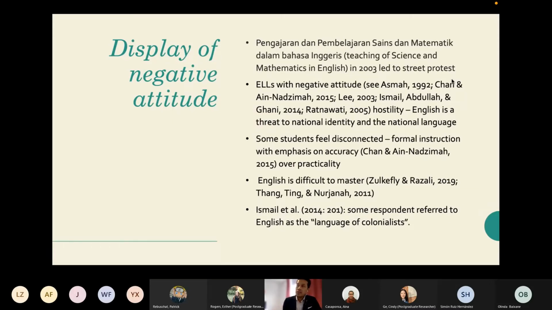Too much emphasis was given to accuracy over practicality, and this has led to the belief that it is something that is difficult to master. And unfortunately, in 2014, Ismail et al. found that some research respondents at the university level still referred to English as the language of colonialists.